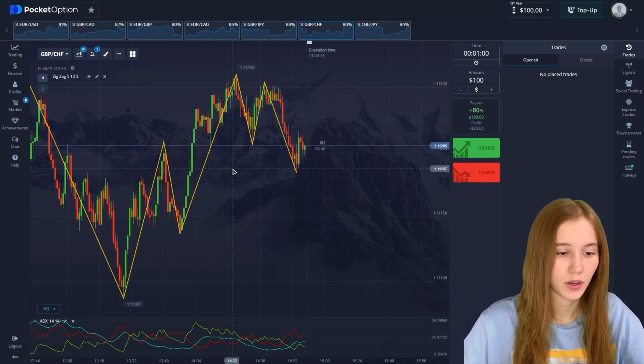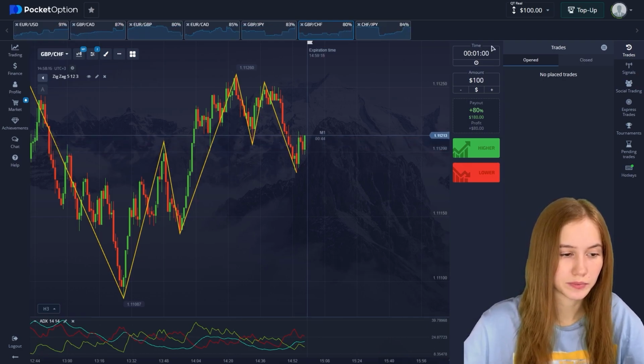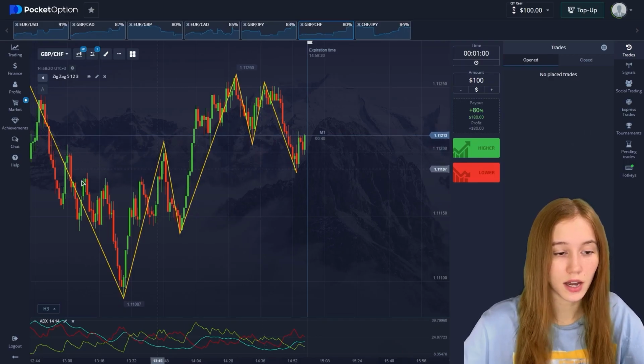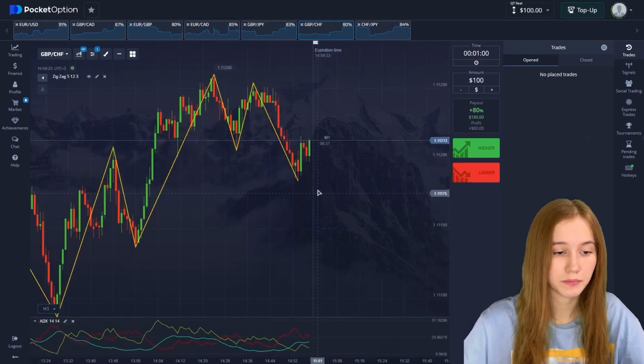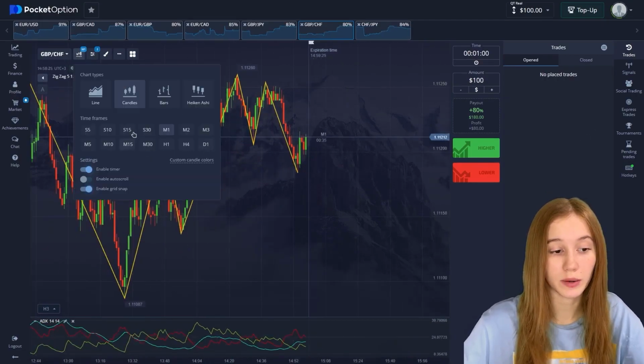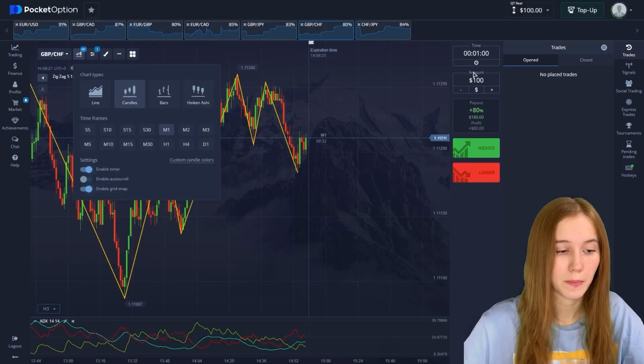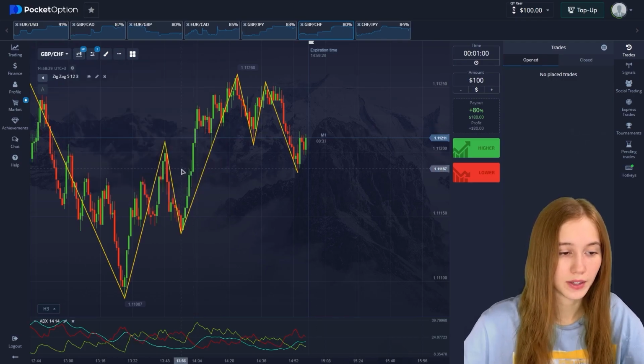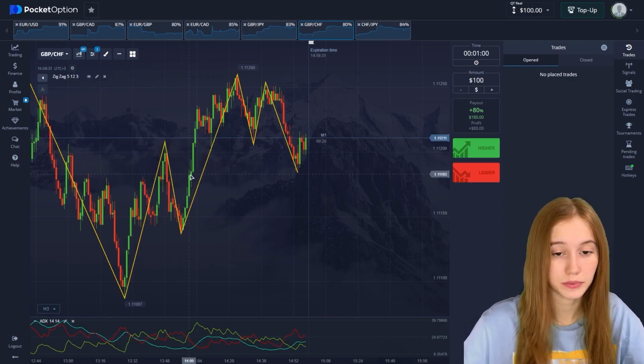So the deal time is 1 minute, and we enable the minute time frame in the settings here. So that is correct.